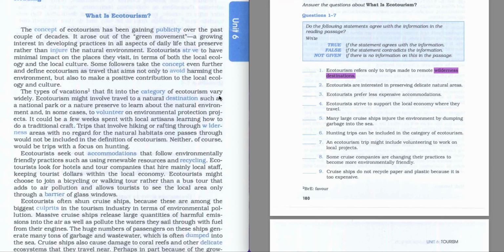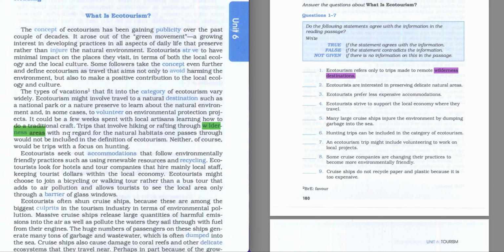So we go to the text and then let's scan it. On the first paragraph, there is information about ecotourists. Further, they were saying about ecotourism. And here, in this sentence, we have some information about wilderness areas. So let's read this sentence.